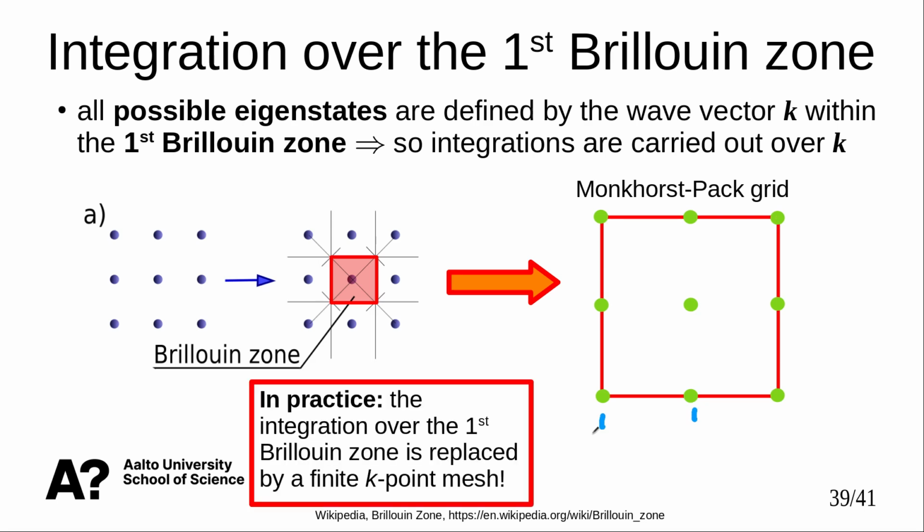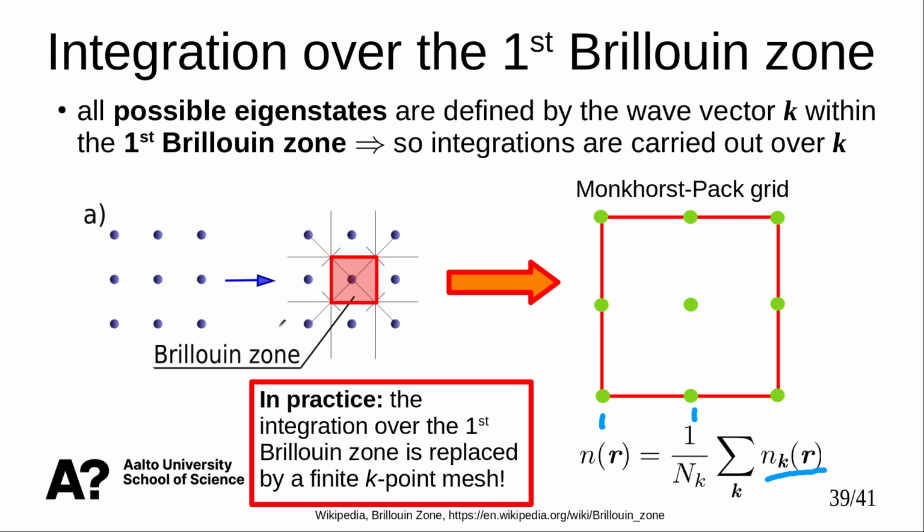And what we do is we don't integrate over the first Brillouin zone. We just calculate the density at given k-point grids or a mesh, and then our density becomes not an integral over all the density states, but just a sum over the density states for a given wave vector k.